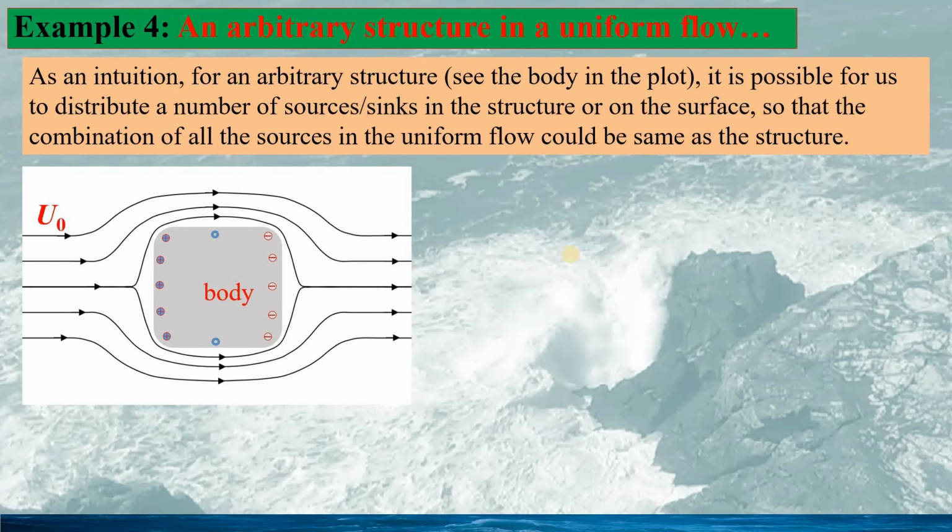Now we have a discussion on how the elementary potential flow can be used for any arbitrary structure. See this plot. As an intuition, we can imagine if we distribute a number of sources and sinks in the structure or on the surface of the structure, and the combination of the sources in the uniform flow would be something like this, the flow past the structure.